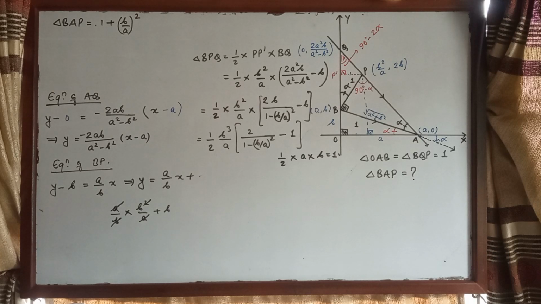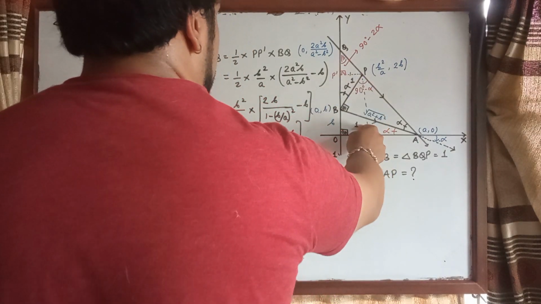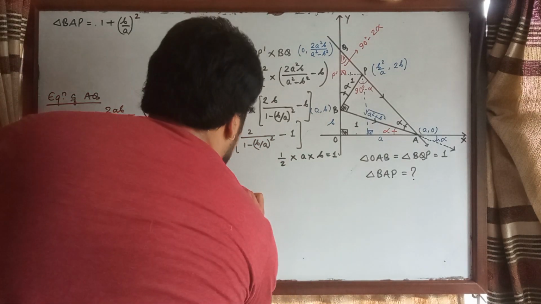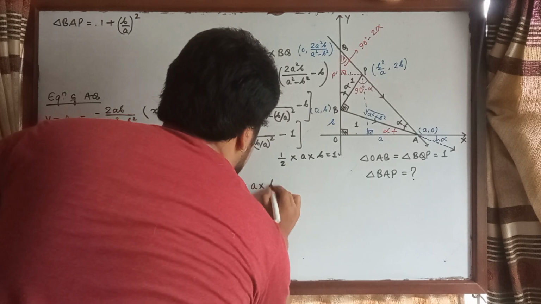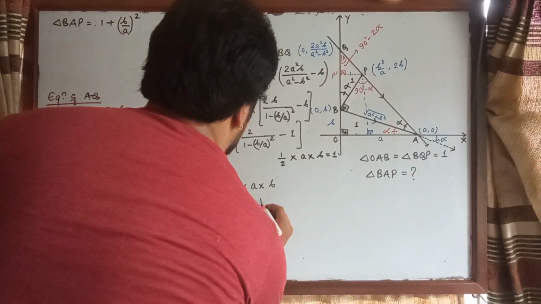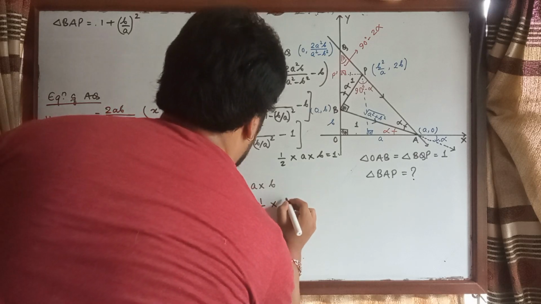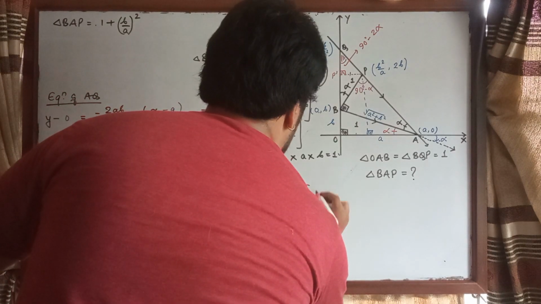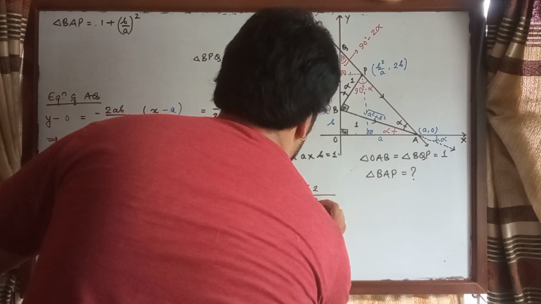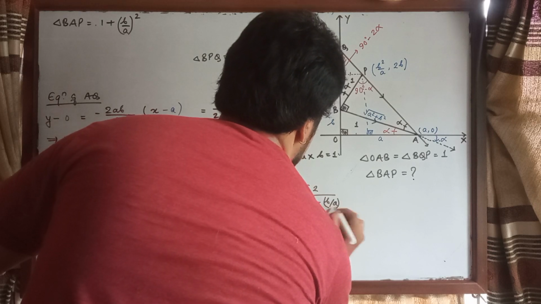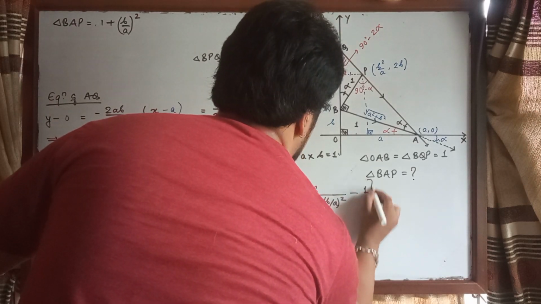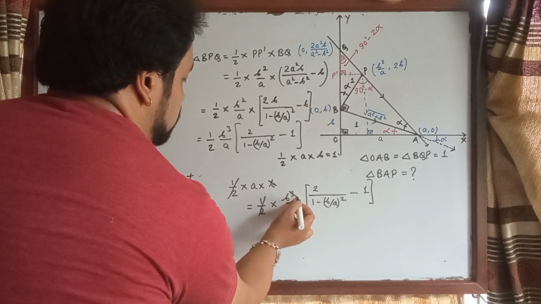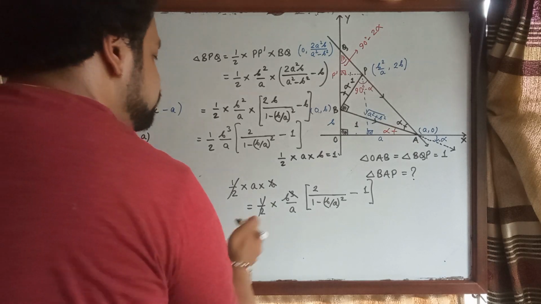Now, we know that this triangle is equal to this triangle in terms of area. So this whole thing right here is equal to half times a times b. Half times a times b will be equal to half times b cube over a times twice 1 minus b over a squared minus 1, and we can cancel out these two halves, like this.